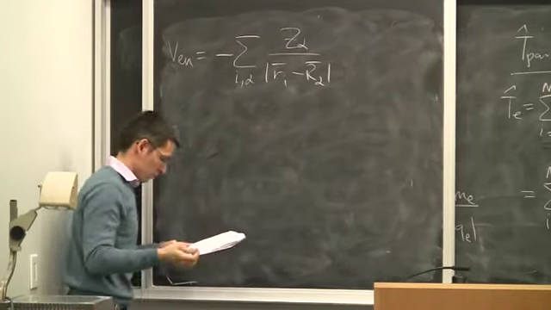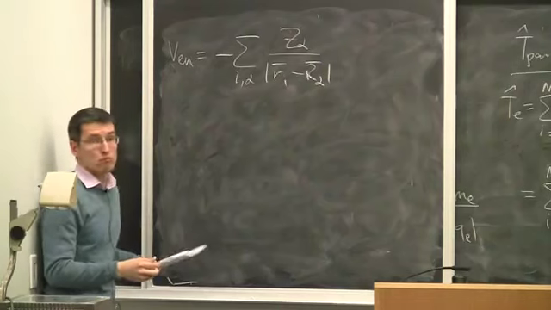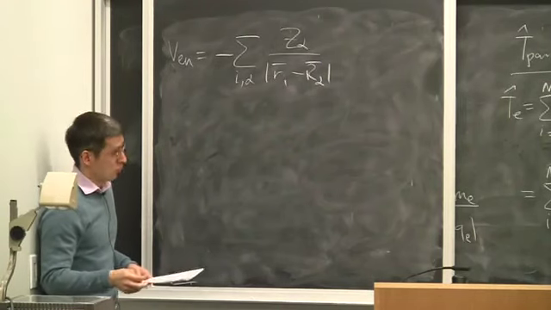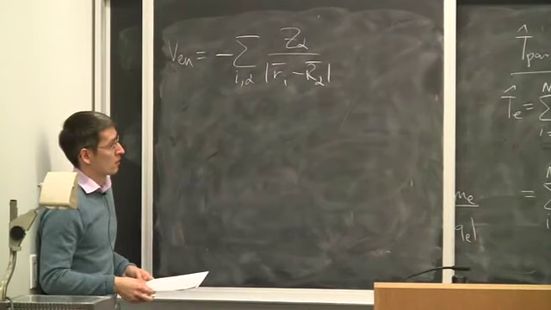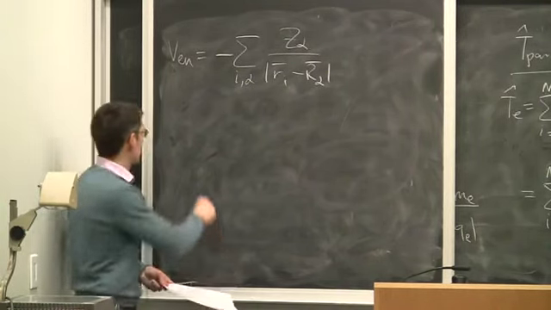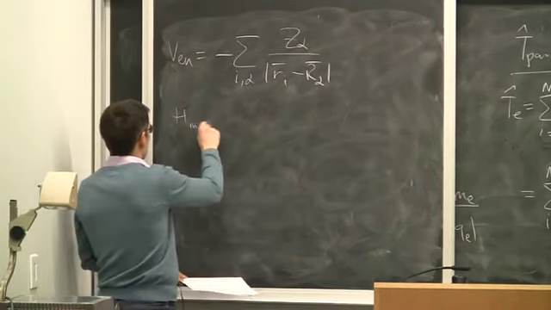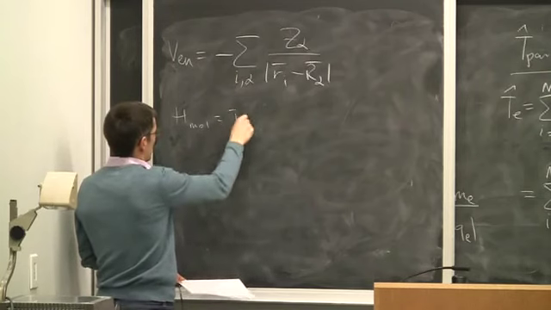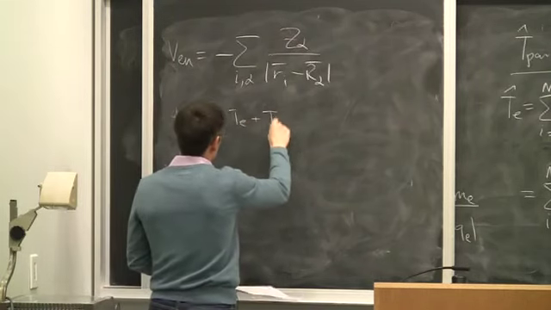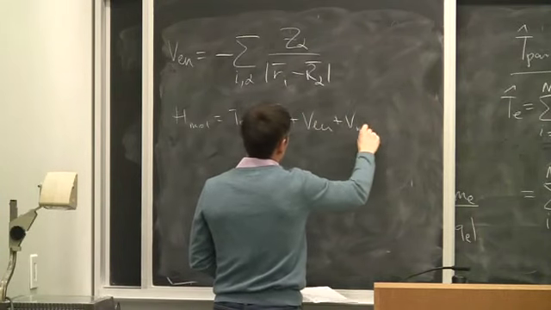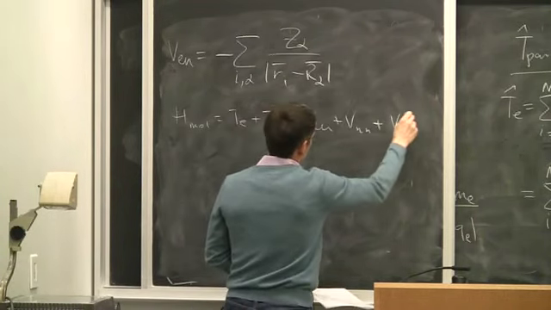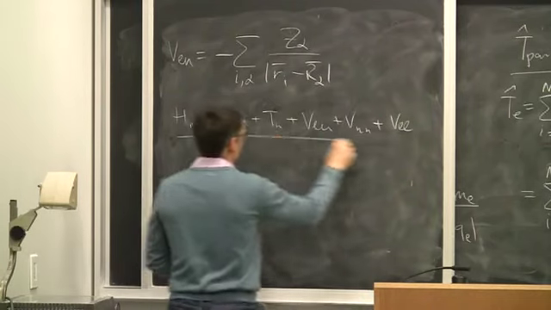So that's pretty much all the terms that you need to consider in the time-independent Schrödinger equation. Say if you have H molecular, then it's T of electrons, T of nuclei, plus Vne, Vnn, plus Vee. So that's the Hamiltonian.